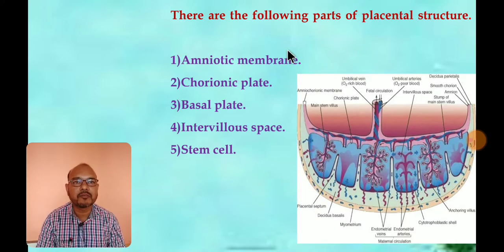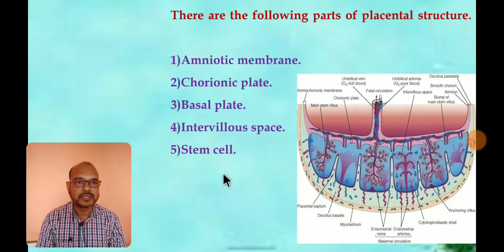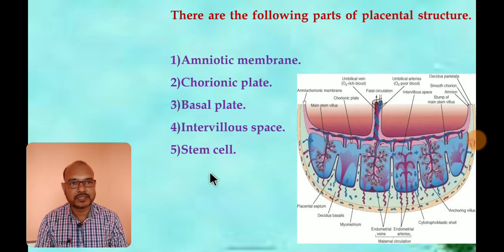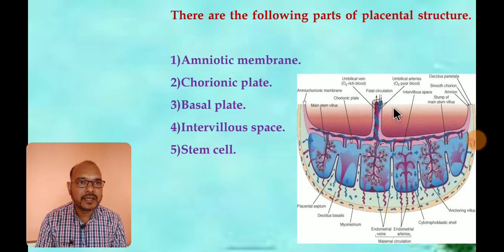There are the following parts of placental structure, one by one: the amniotic membrane, chorionic plate, basal plate, intervillous space and the stem villi.